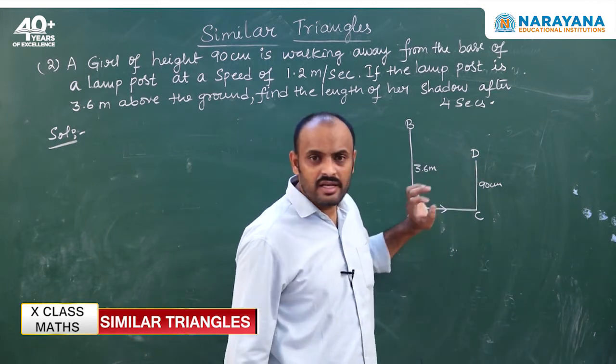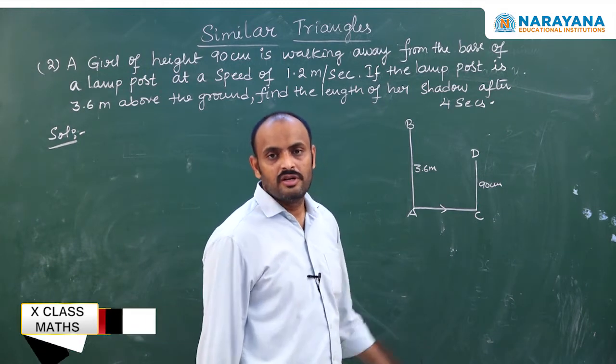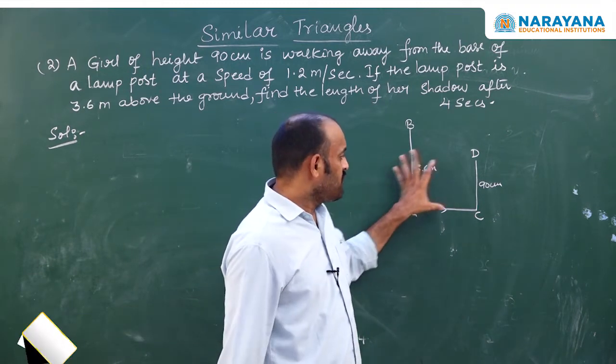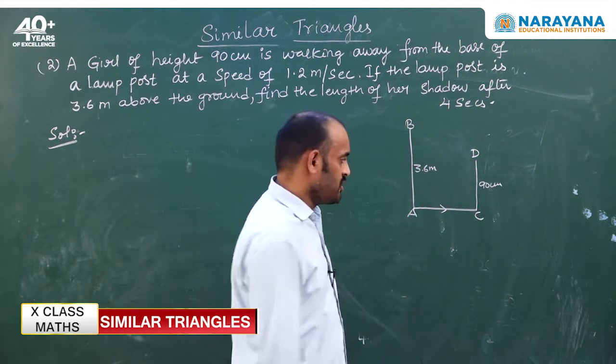She walked for 4 seconds. After the 4 seconds, what is the length of her shadow?